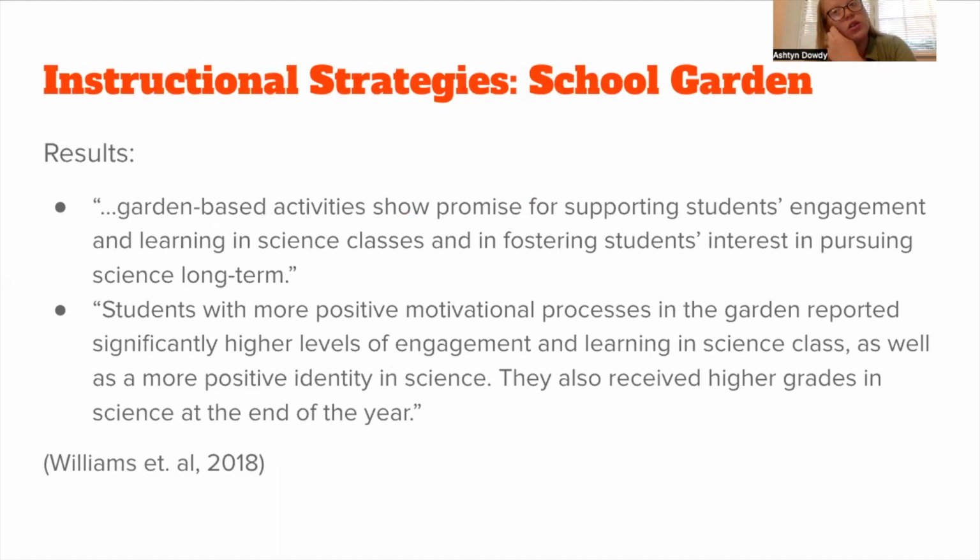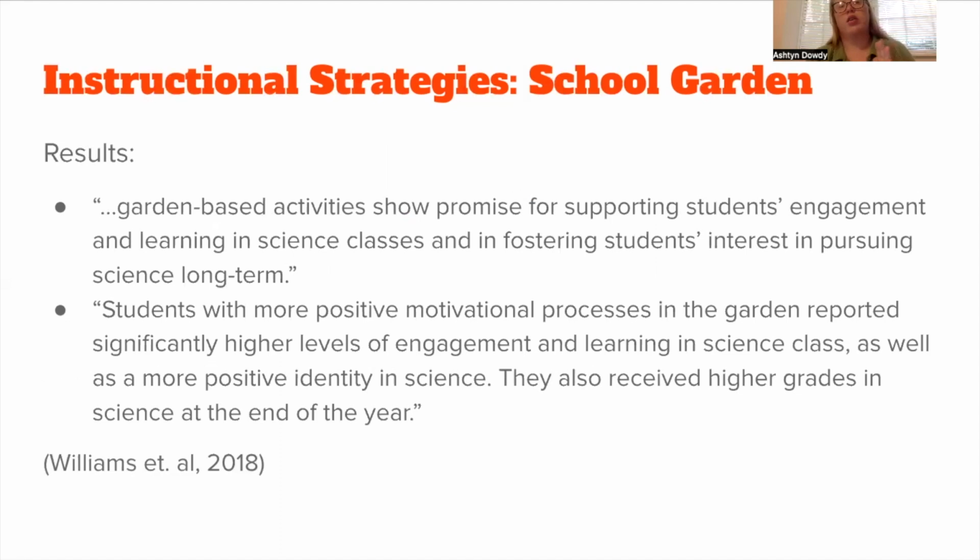So what are our results here? The results of the study basically indicated that students did have a positive effect on their motivation when the school garden was implemented and used in their science class. Specifically, again, it supported students' engagement and learning.